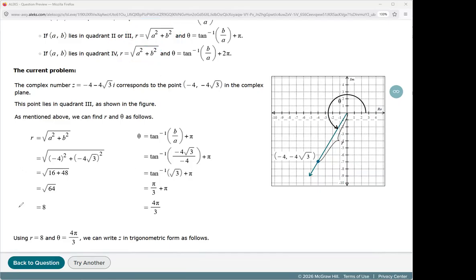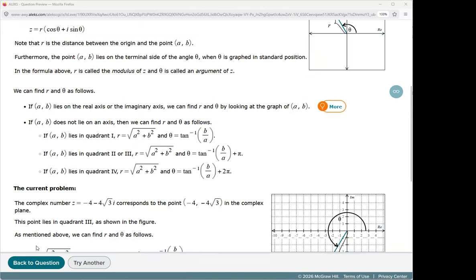Theta changes a little bit. Let's scroll up here. If it's quadrant 1, it's just straight up these formulas. If it's quadrant 2 or 3, this one does not change, but for theta, you have to add pi to it. Since we are in quadrant 3, we're going to add pi. So that's what we're going to do.